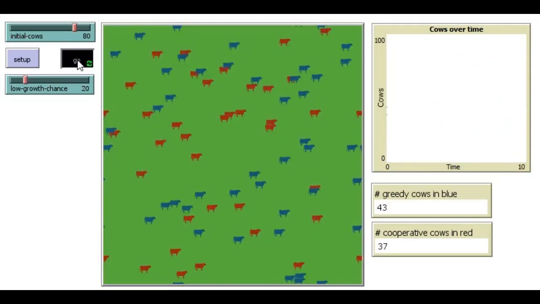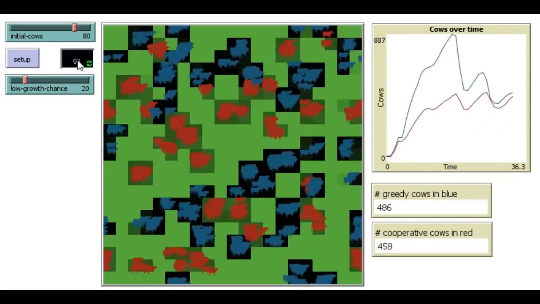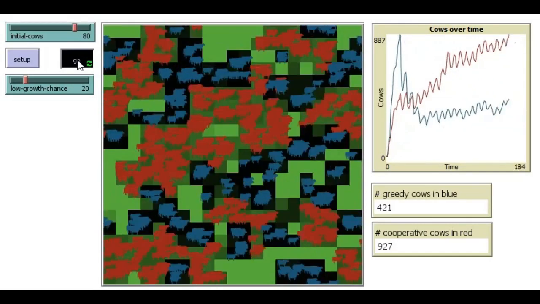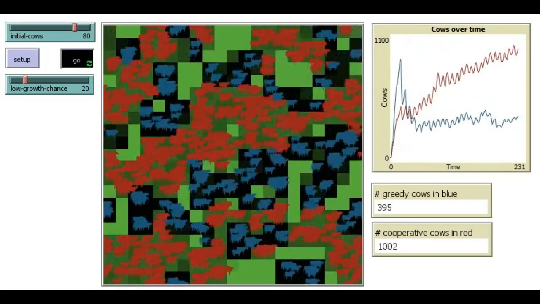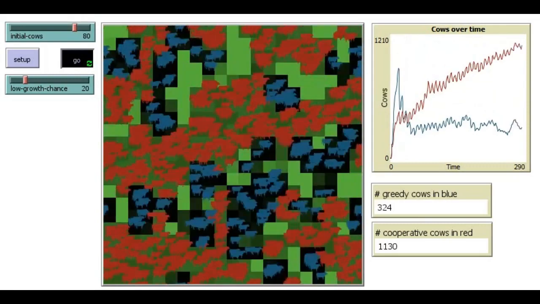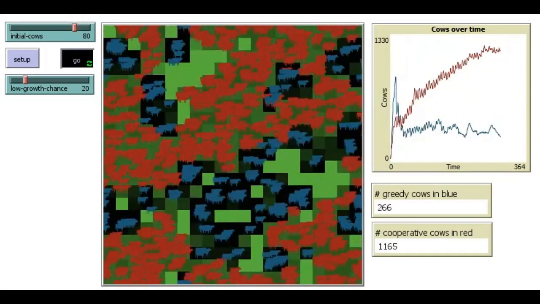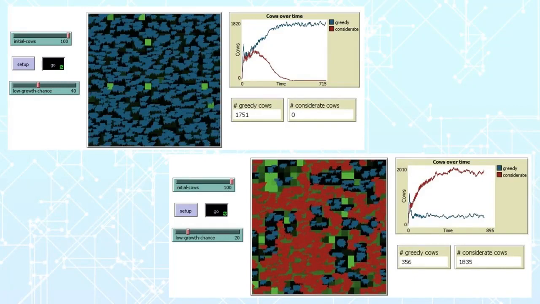If the benefit is less than the impact on grass regrowth, the cost is more than the benefit, and the outcome is a mixed population of greedy and considerate cows. These are the same outcomes that we would have predicted using evolutionary game theory.